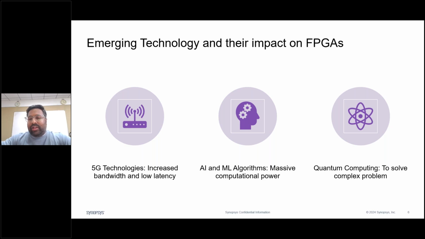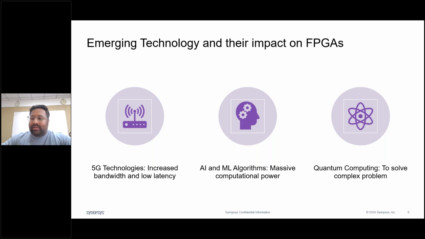FPGA can be helpful in quantum computing by providing a platform to prototype any quantum algorithm. At the same time, FPGA can be used for quantum simulation or quantum emulation to prototype quantum computing.